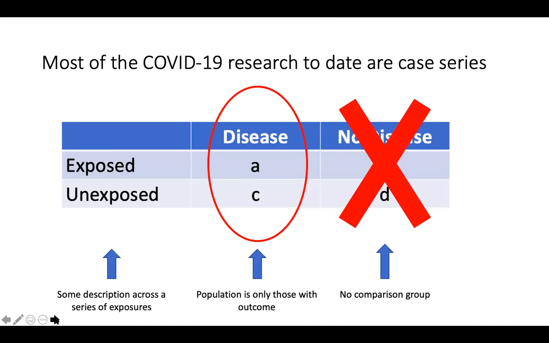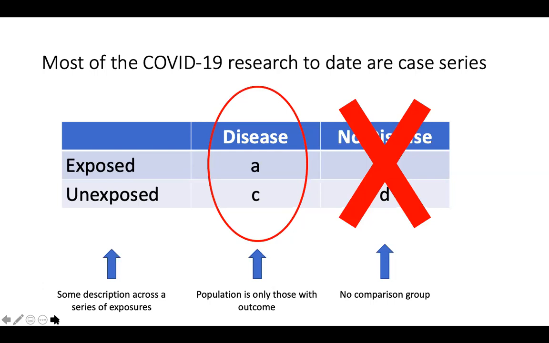This is April 2020, we're 2 months into the epidemic of COVID-19. We haven't seen many of these cohort studies, especially those that compare outcomes between two groups, those with COVID or those who died versus those who didn't.